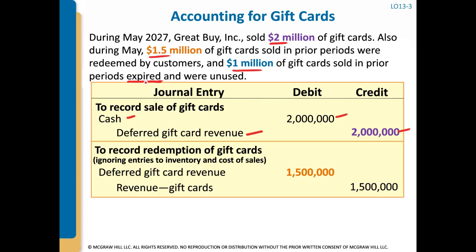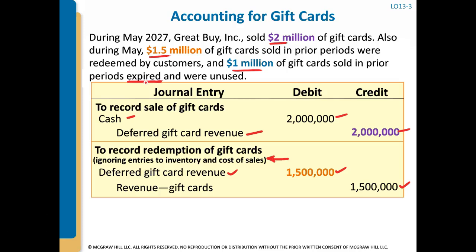So now that they've been redeemed, the company has provided their product or service for those gift cards. And so they can credit revenue, they can recognize the revenue for $1.5 million, and they no longer owe that part of the liability. So they're going to debit the liability for 1.5.